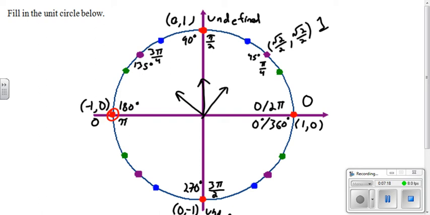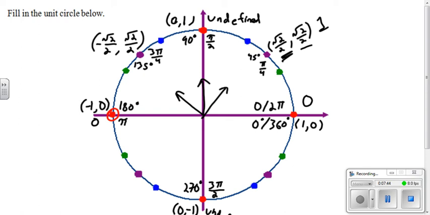And just like how this one over here is root 2 over 2 x units to the right, this one is going to be negative root 2 over 2 x units to the left, and it's still going to be just as high as this one was, so it's still root 2 over 2 as our y coordinate.